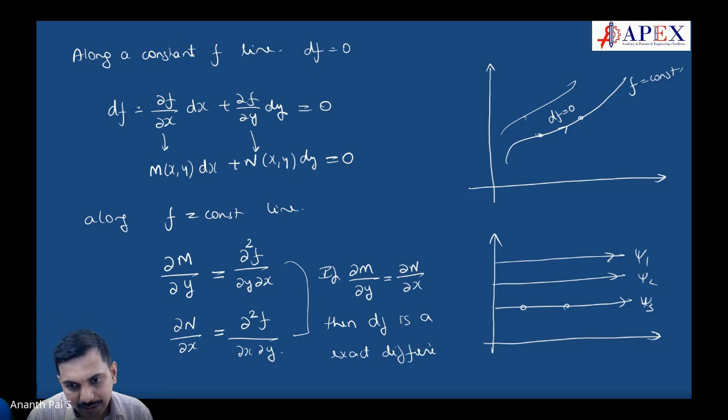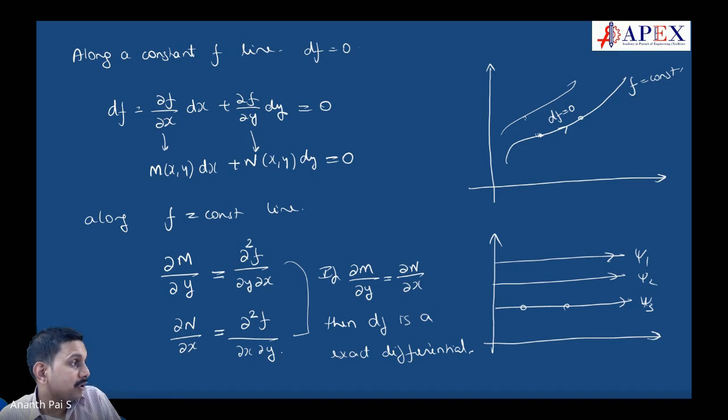Exact differential. Now, generally what has happened is we derived starting out from a function which is defined at every point. Now this is very subtle, understand. We have started with a function that is defined at every point. So if a function can be defined at a point, then it is exact.